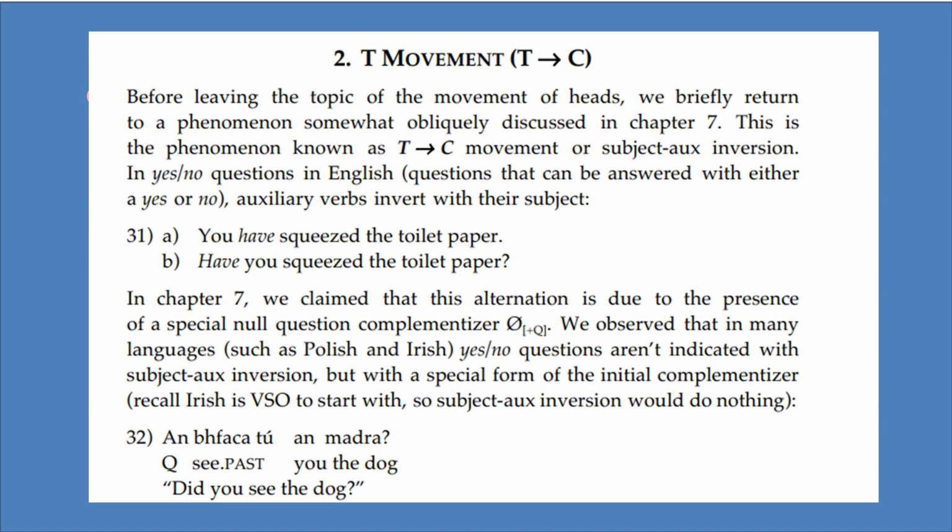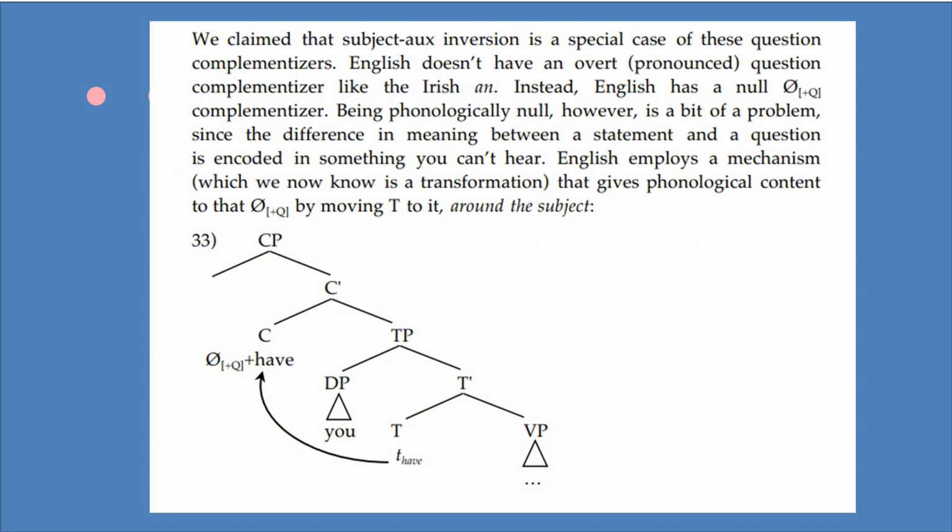We observe that in many languages such as Polish and Irish, yes or no questions aren't indicated with subject-aux inversion, but with a special form of the initial complementizer. Recall Irish is VSO to start with, so subject-aux inversion would do nothing. Did you see the dog? We claim that subject-aux inversion is a special case of these question complementizers.